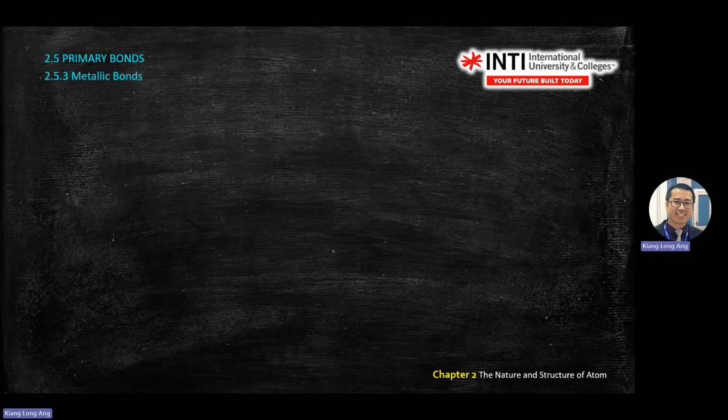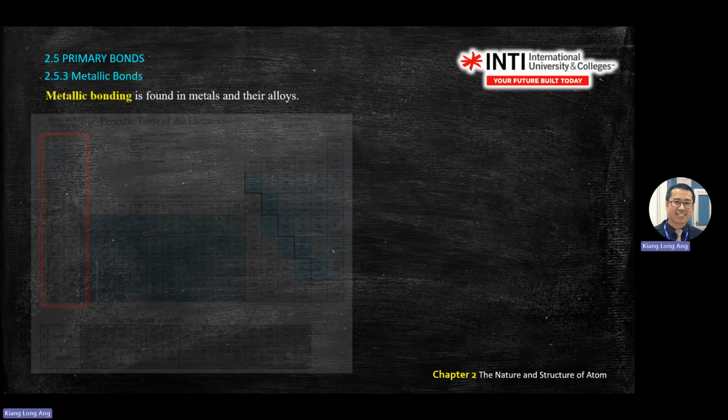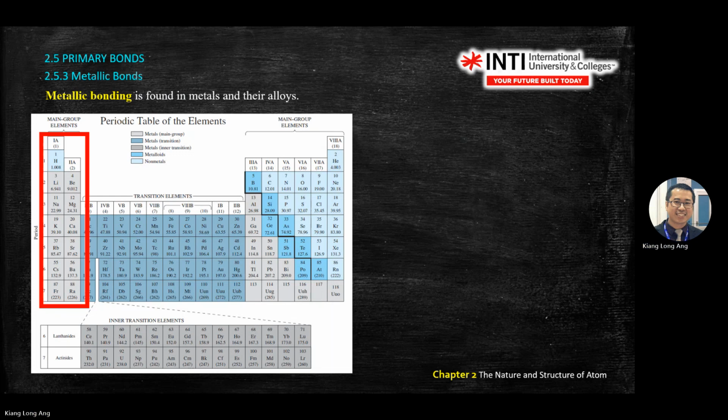metal bonding, also another main chapter for this module, because later we deal with metals and alloys. So metal bonding is found in metals and alloys. Alloy means addition of the transition metals and all this.